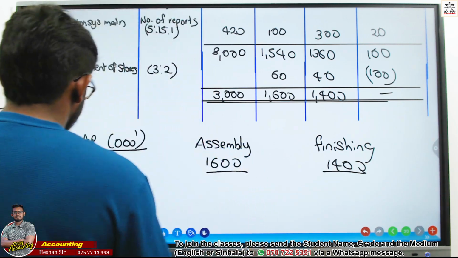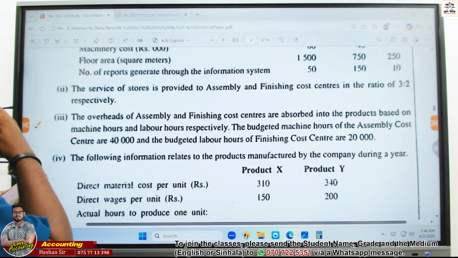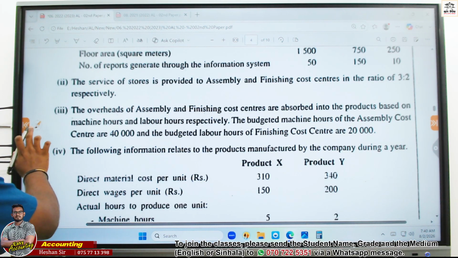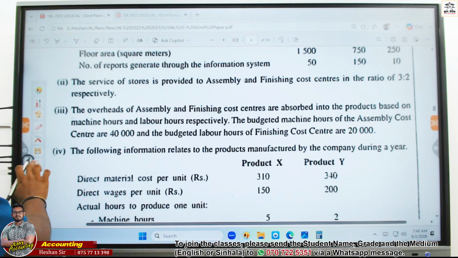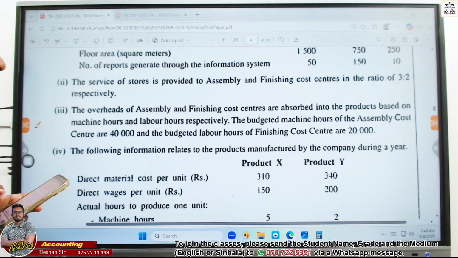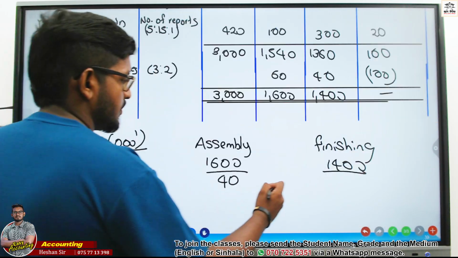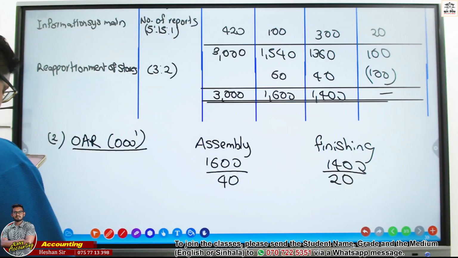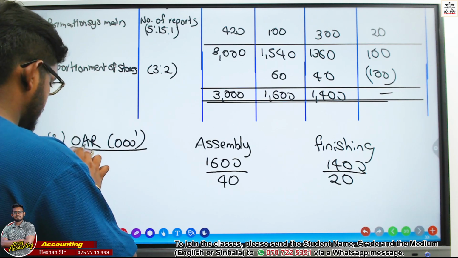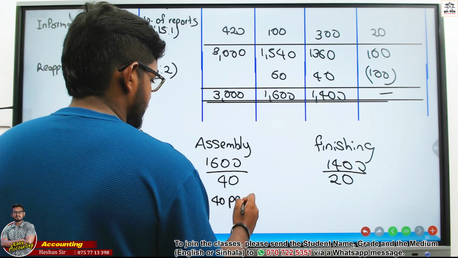You can take the bases: assembly department, machine hours, right? The machine hours are 40,000. Finishing department, direct labor hours 20, 40 and 20. Divide it like this. You will get 40 per machine hour.